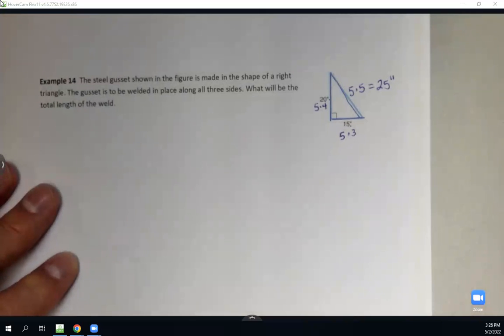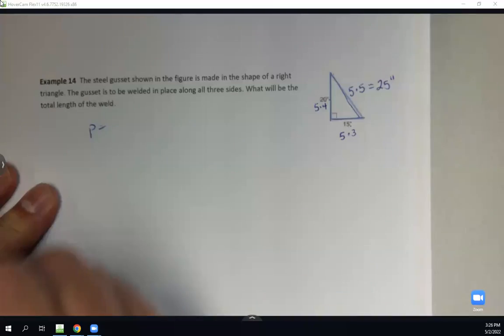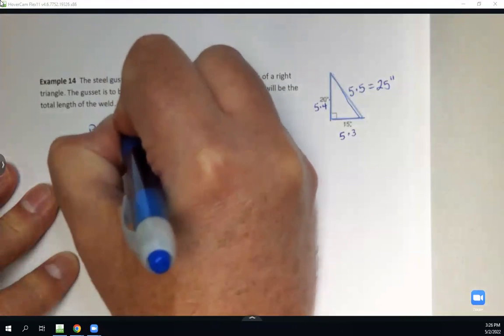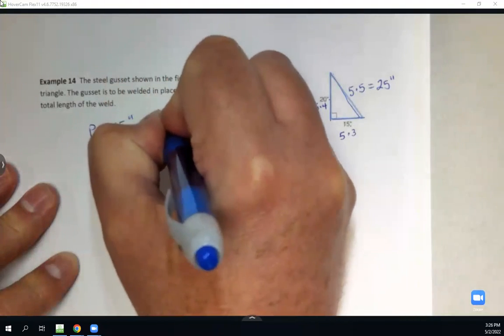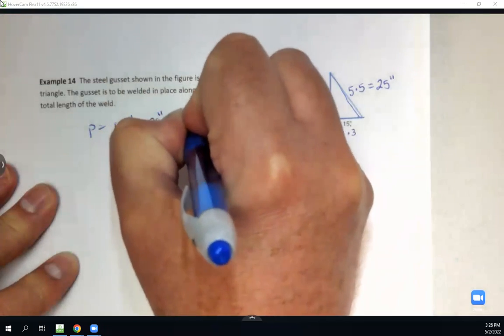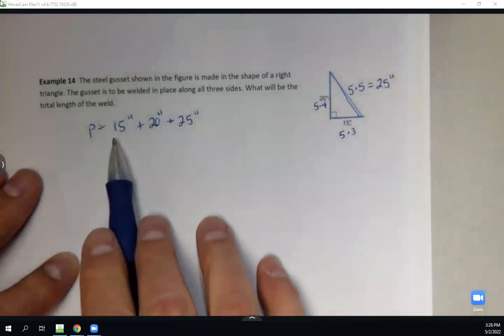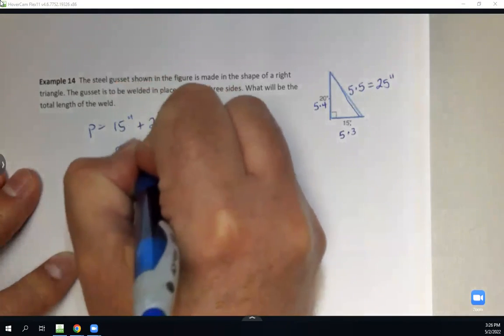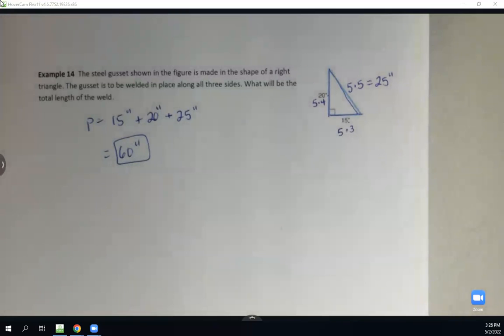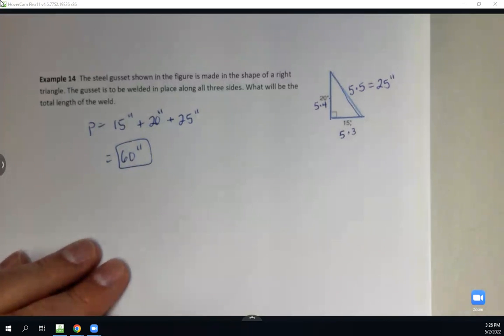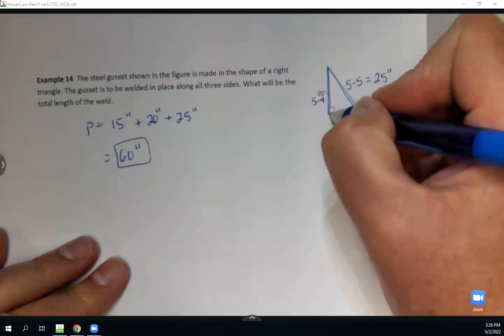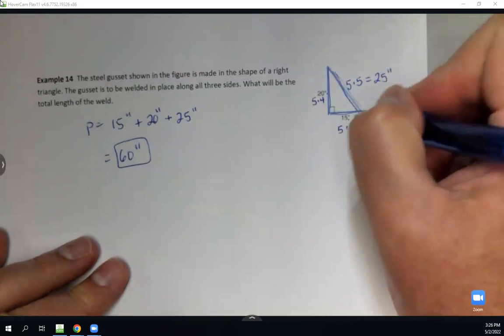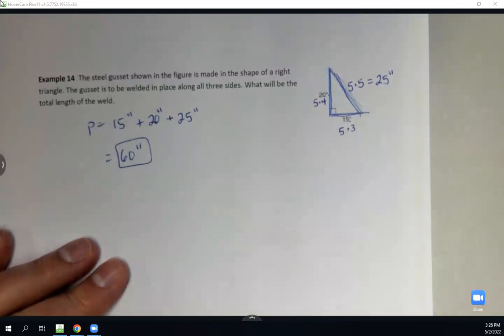So my weld is going to be the perimeter. 15 inches plus 20 inches plus 25 inches is going to be 60 inches. Is that okay? So altogether we've welded a length of 60 inches.